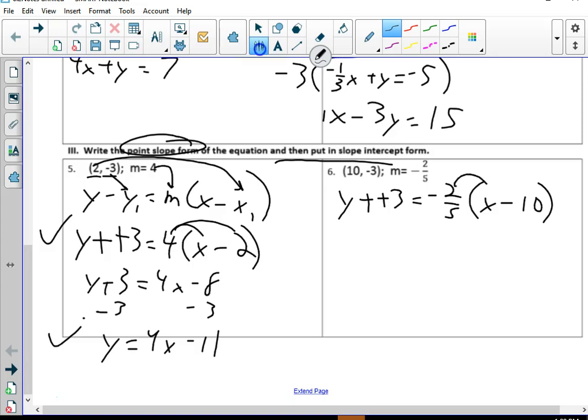Now we need to turn it into slope intercept. So we're going to distribute that. Y plus 3 equals negative 2/5 x. What's negative times negative? What's 2 times 10? Divide by 5? 4. Last step, how do we get y by itself? Subtract 3. Y equals negative 2/5 x minus 1.